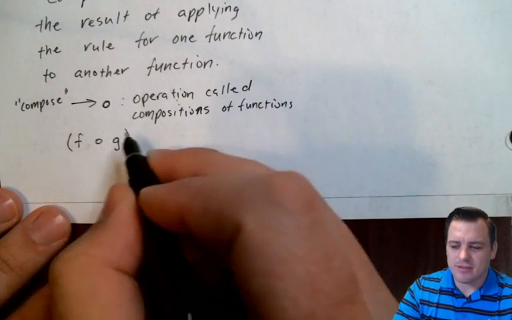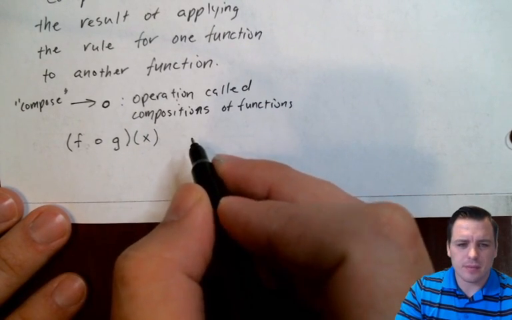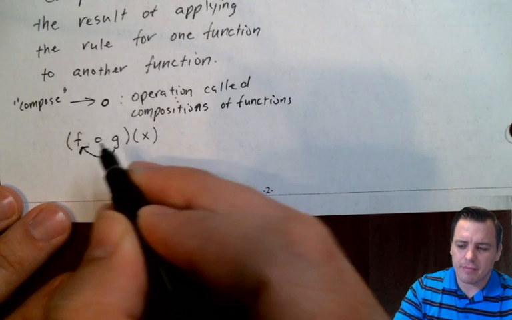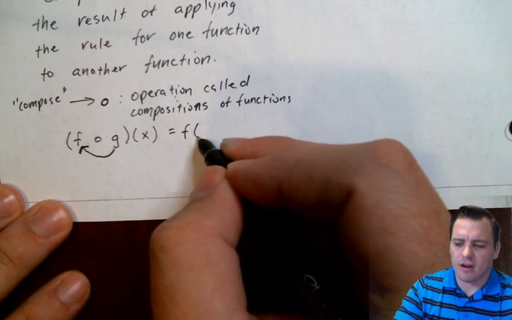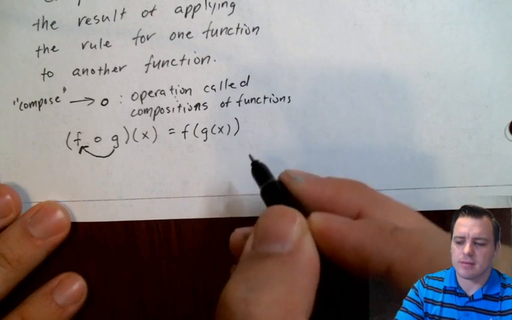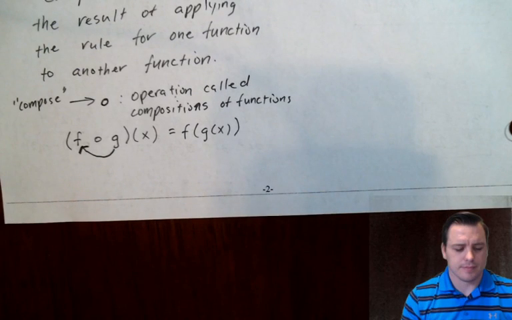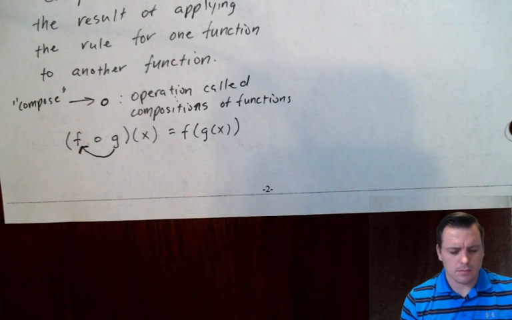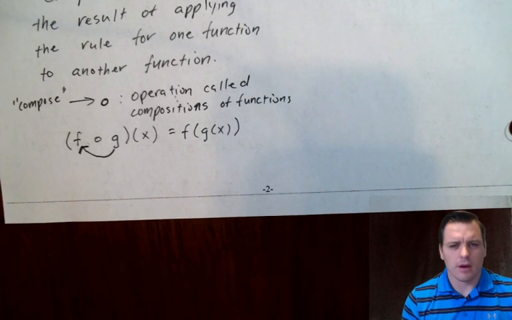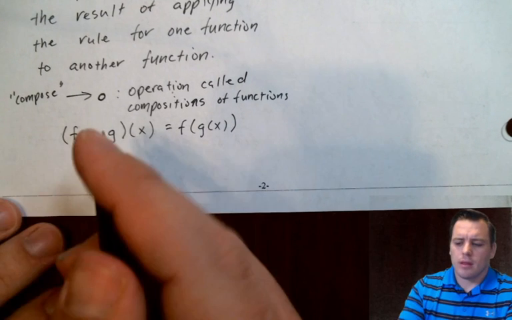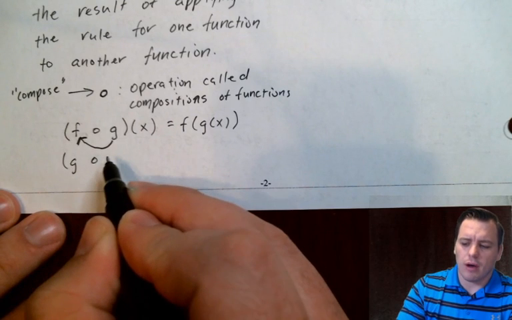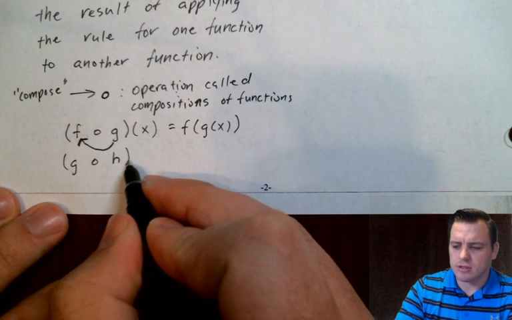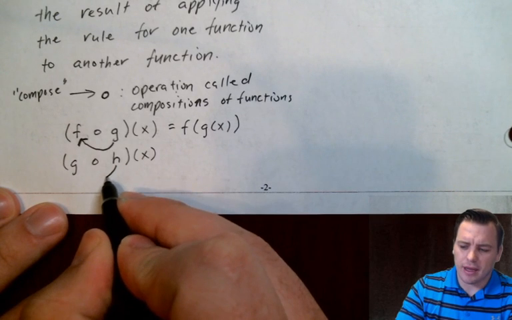If you see something that says f compose g of x, that simply means this, guys: plug g into f. So it looks like this, f of g of x. Likewise, the other way, if it was g composed with h of x, we read that as g compose h of x, we're going to put h into g.